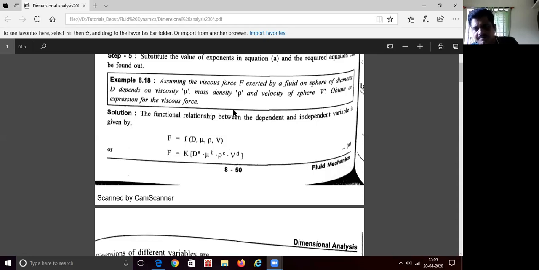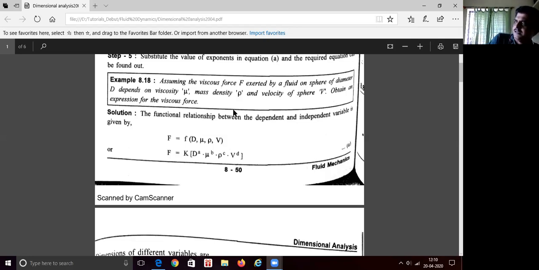So in this problem, some sphere is moving in a fluid with velocity v. Because of this movement, some force will be exerted on the sphere by the fluid. That fluid force depends on the diameter of the sphere, viscosity of the fluid, density of the fluid, and velocity of the sphere.